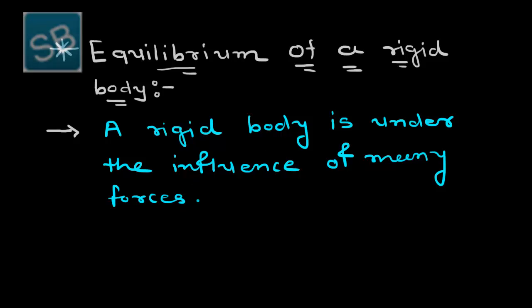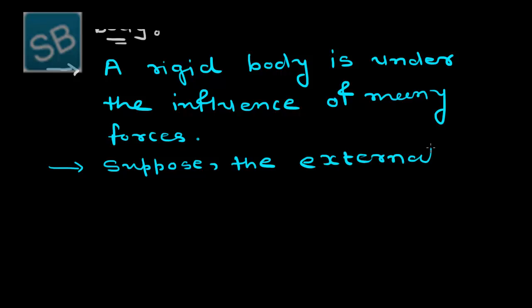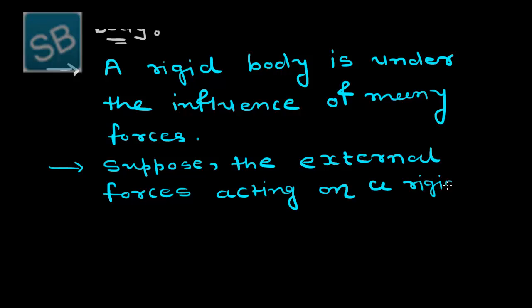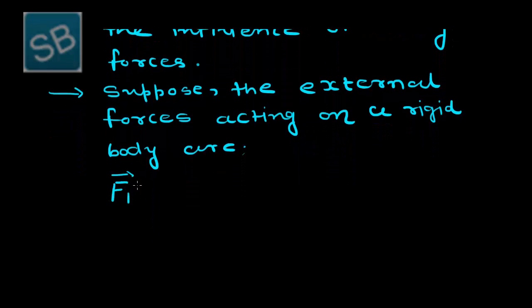Suppose these external forces acting on the body are F1 vector, F2 vector, up to Fn vector, considering that there are n particles in the rigid body, so each particle is experiencing this kind of force.